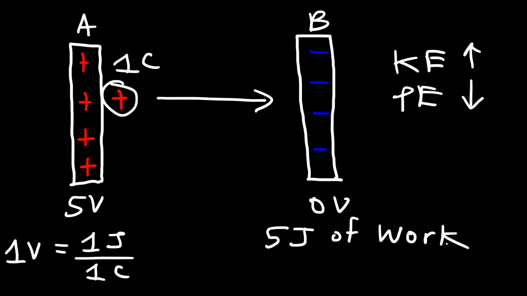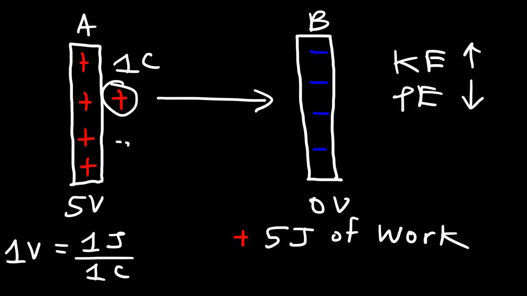Is it moving from A to B or B to A? As it moves from A to B, the kinetic energy is increasing. So the electric field is doing 5 joules, that is positive 5 joules of work on this 1 coulomb charge. And so we could say that the charge loses 5 joules of potential energy during this process, or we could say that it gains 5 joules of kinetic energy.